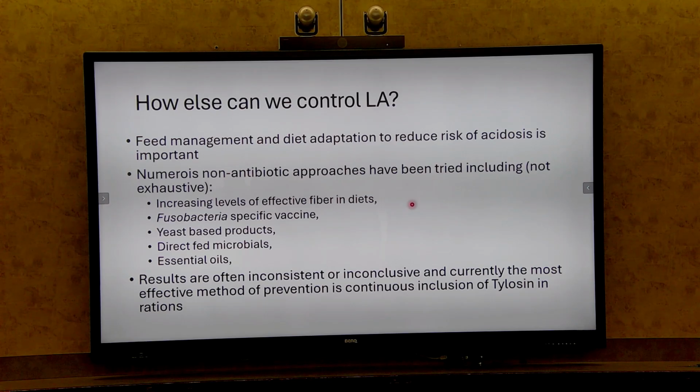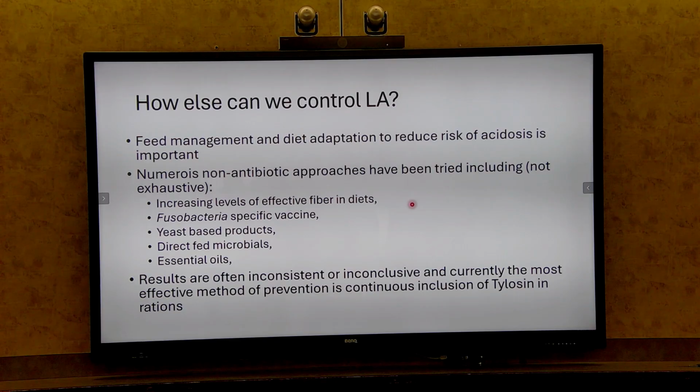There was a fusobacteria-specific vaccine that was developed years ago. Didn't seem to be all that effective, and I don't know if it's still on the market. There's a number of yeast-based products that are being sold that are supposed to help reduce abscesses. Direct-fed microbials, essential oils.